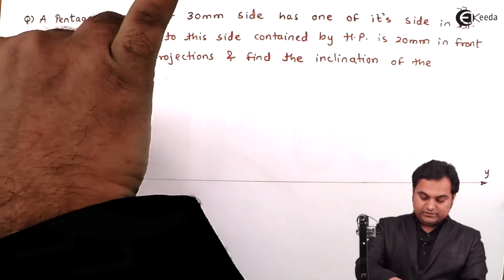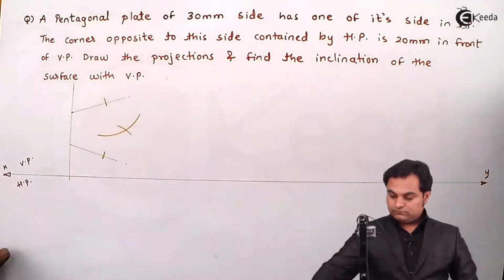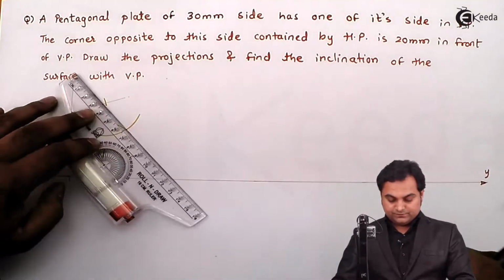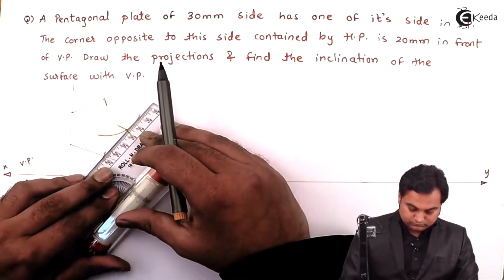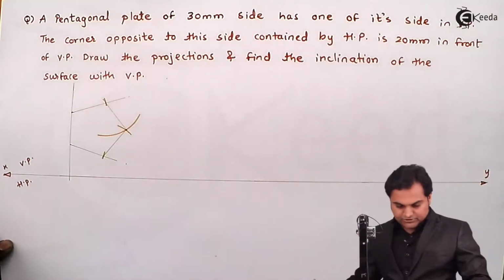From here, I'll draw a light arc. Joining all these points in proper sequence. Giving the notations here.